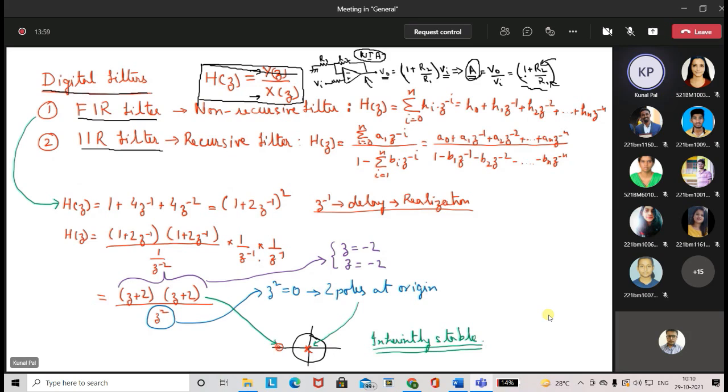That means it is frequency dependent, and we have previously seen this z component. This is basically the z operator of the Z transform, right?